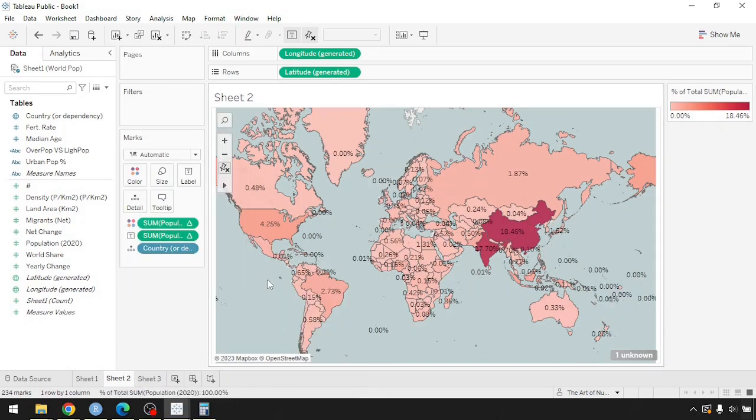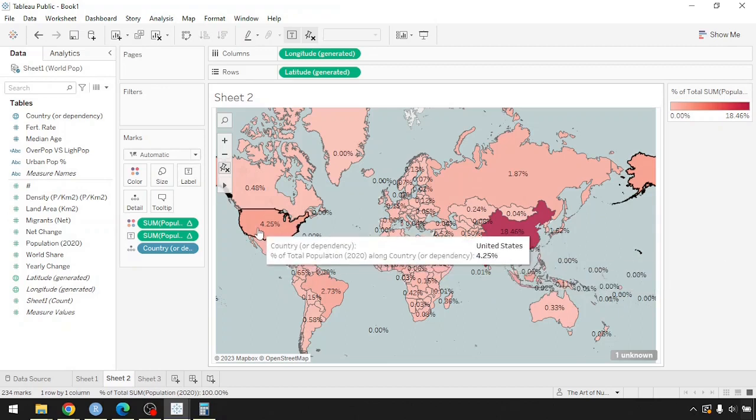Percentage total shows us the percentage of that specific data point in relation to the overall total. So in which case, China actually possesses 18.46% of the overall world population, and India possesses 17.70% of the world population.